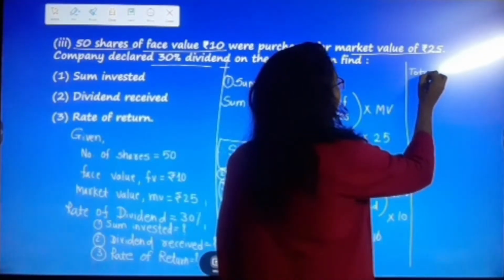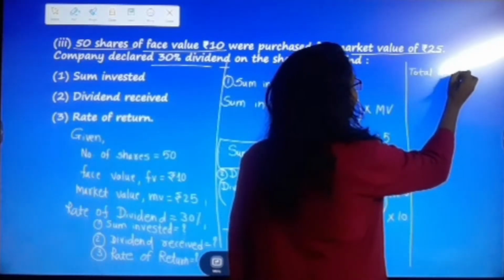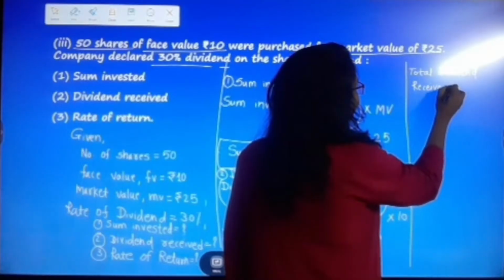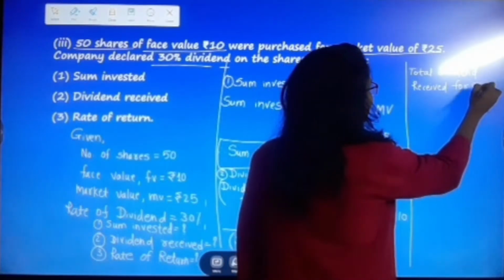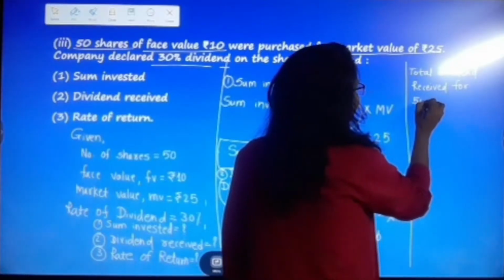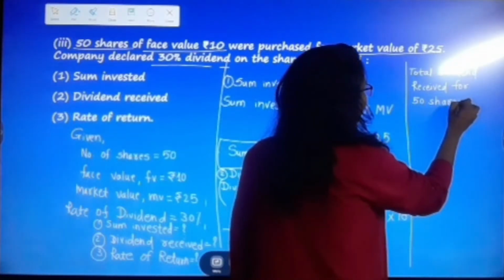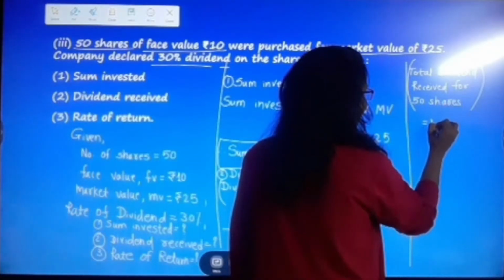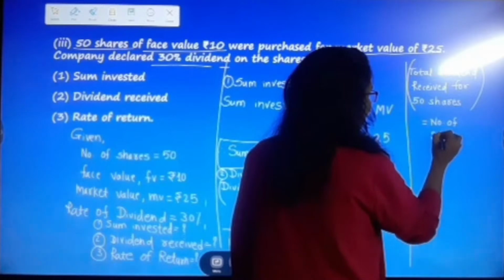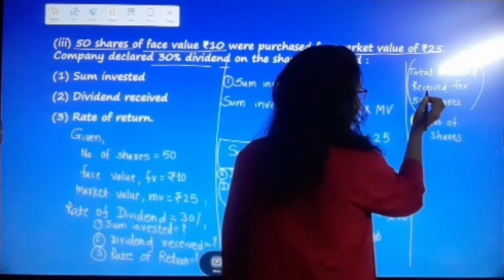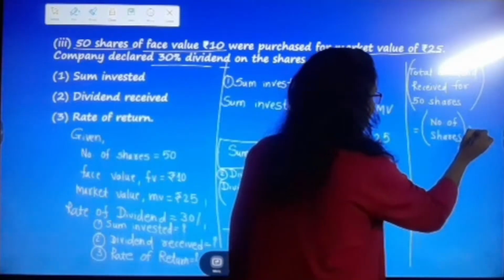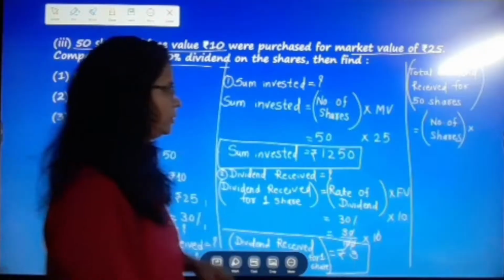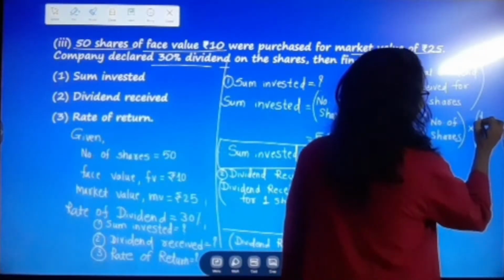So I write down the total dividend received for 50 shares is equal to number of shares multiplied by the dividend received for one share.